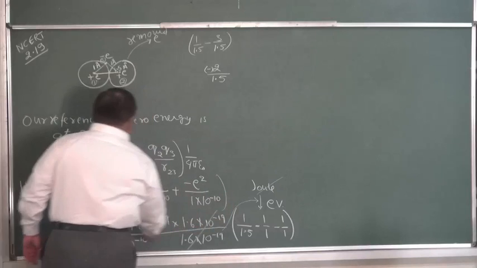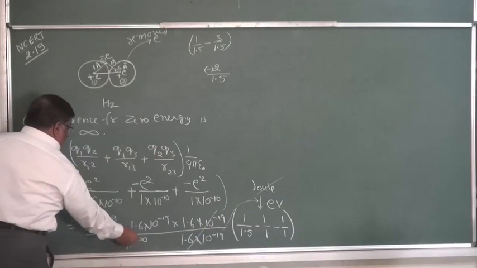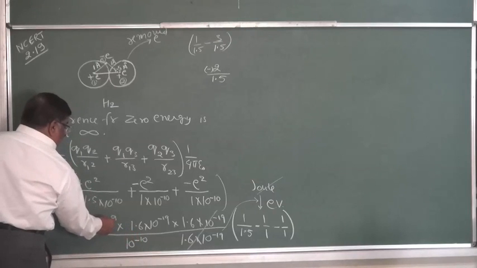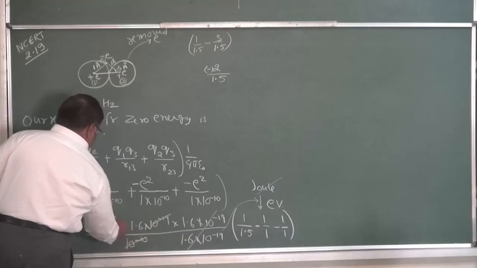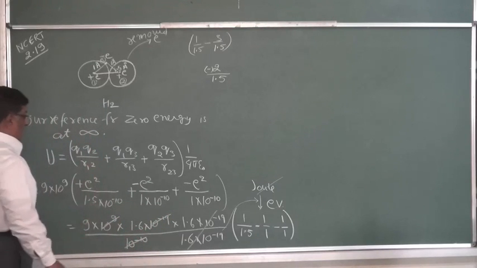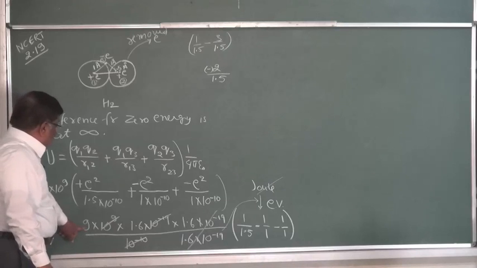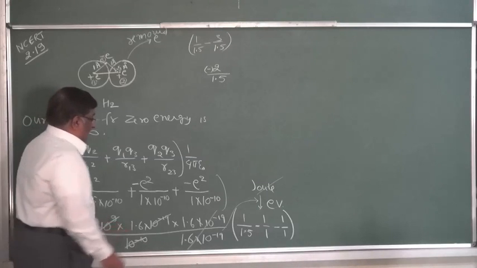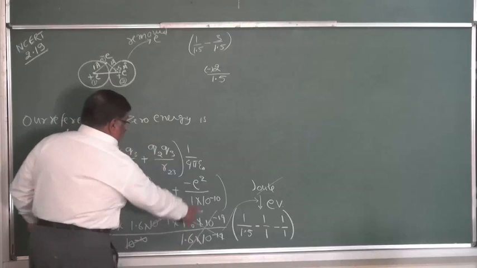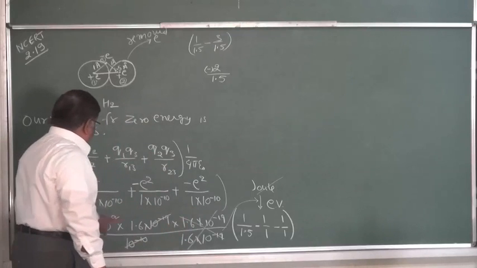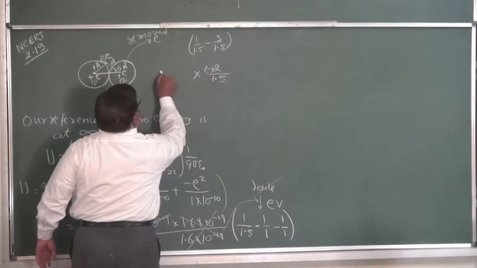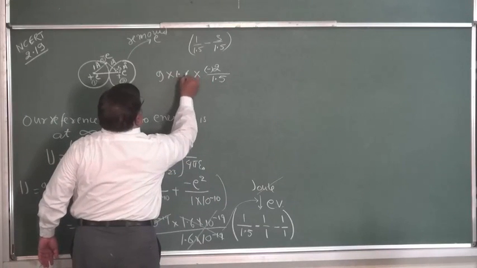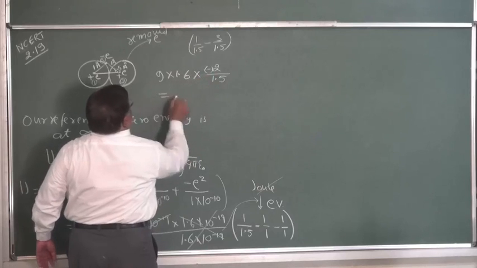Now see this portion. 10 to the power minus 10 will become 10 to the power plus 10. It will come up. This will be 19 and this is minus 19. Cancelled. Now what do we have here? 9 into 1.6 into this bracket.